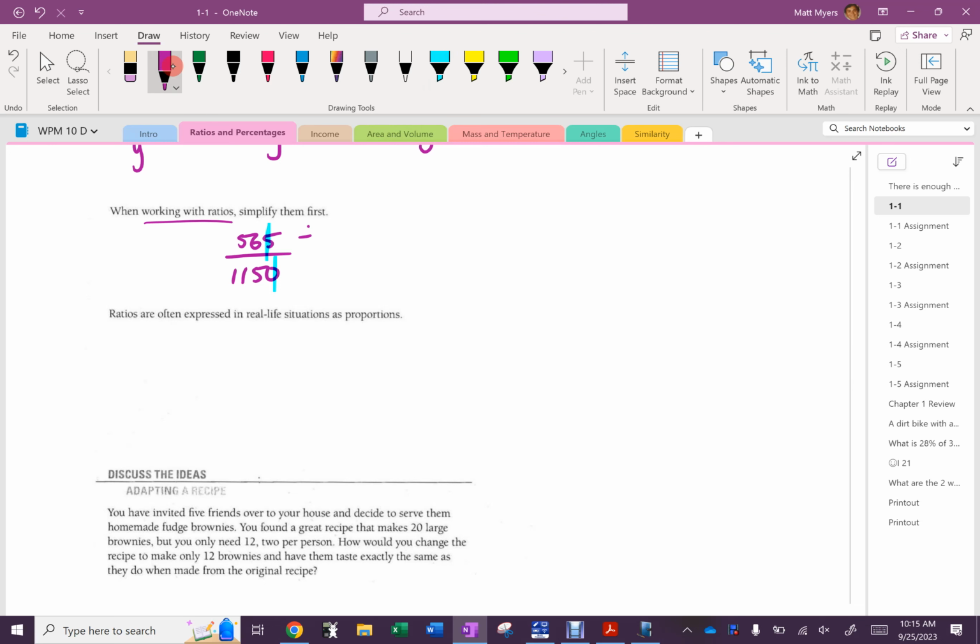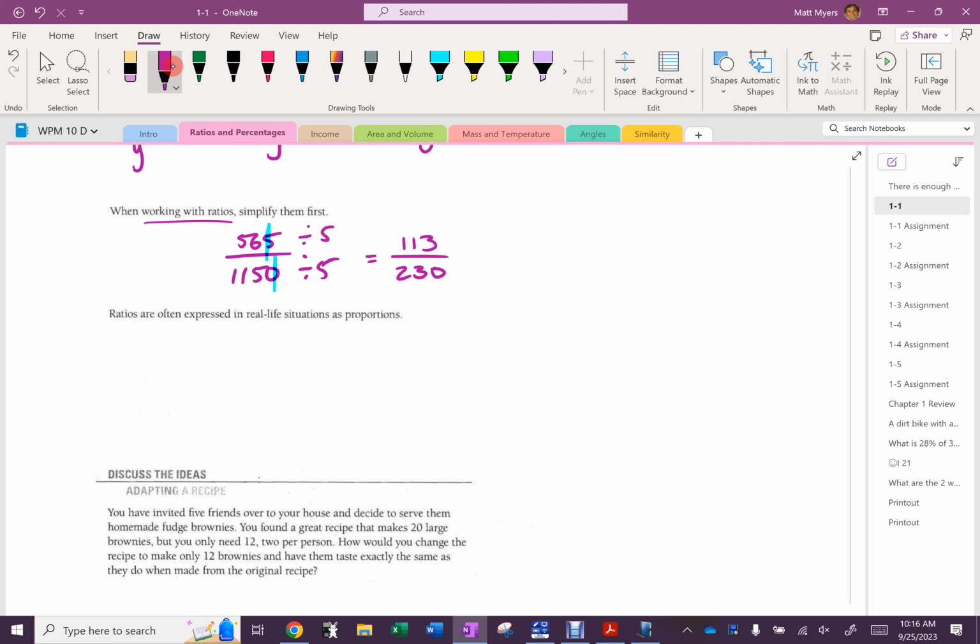I would divide by 5. Can you do that in your head? No. Probably not. So where will you go? Calculator. To your calculator. And what will you get? 113 over 230. 113 out of 230. And we are all good. Yes? Should be.